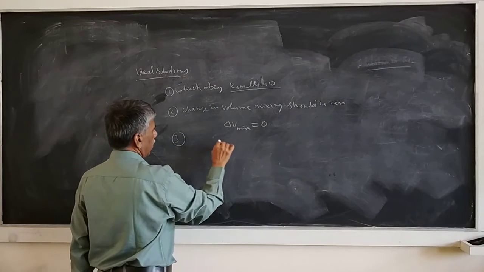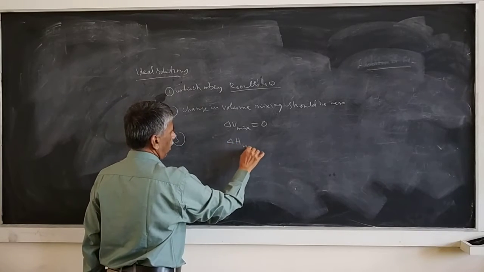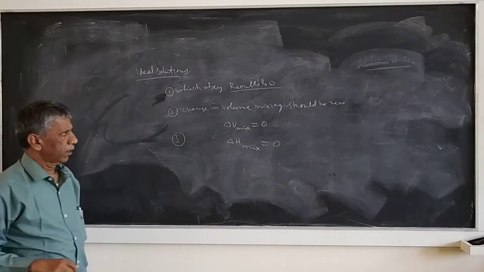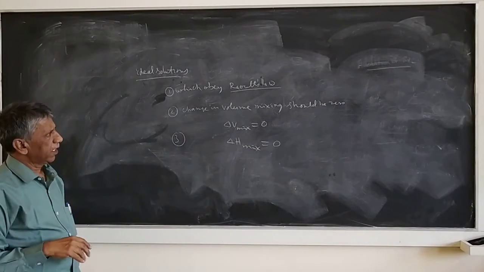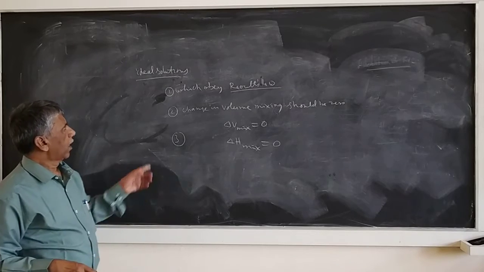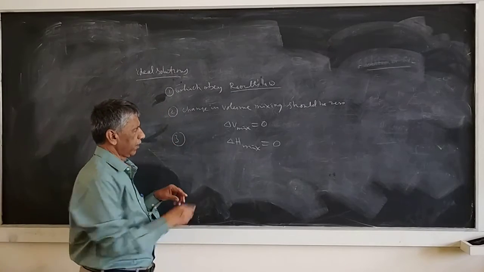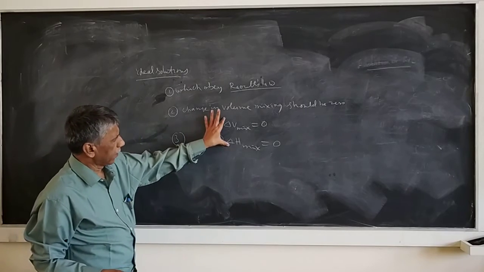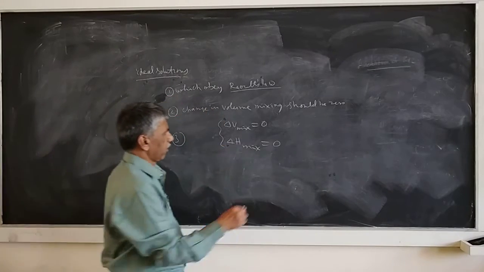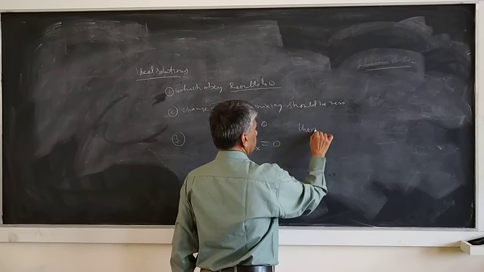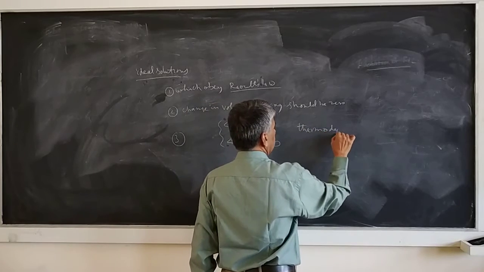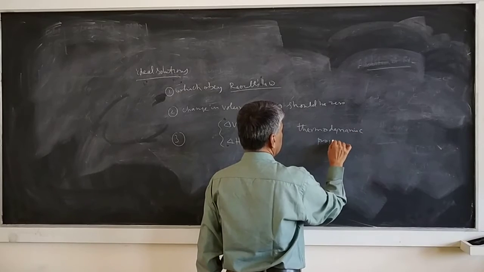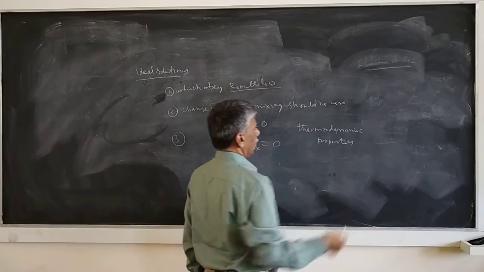Third condition, the enthalpy change on mixing should be equal to 0. So these are the three conditions required for an ideal solution. These are called thermodynamic properties of the ideal solutions. Okay.